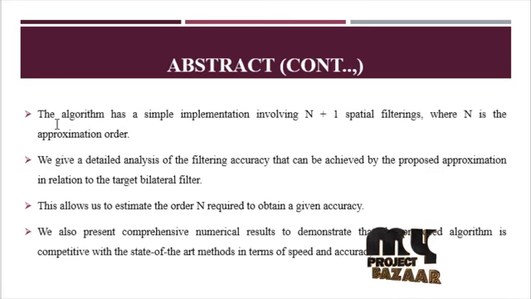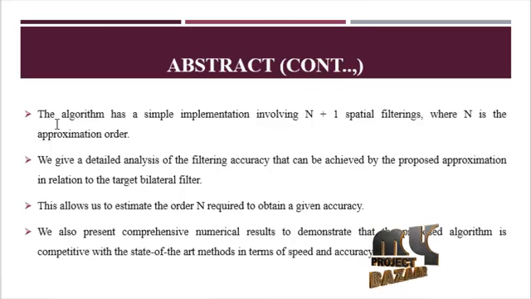The algorithm has a simple implementation involving n plus 1 spatial filtering, where n is the approximation order. We give a detailed analysis of the filtering accuracy that can be achieved by the proposed approximation in relation to the target bilateral filter.